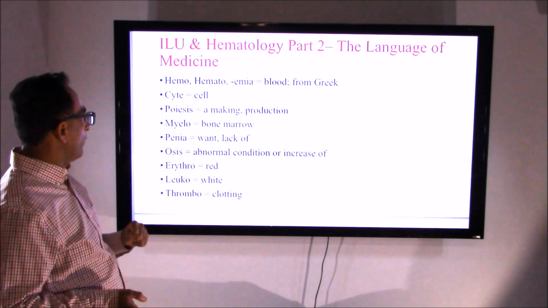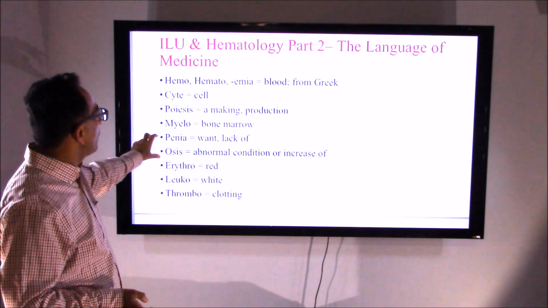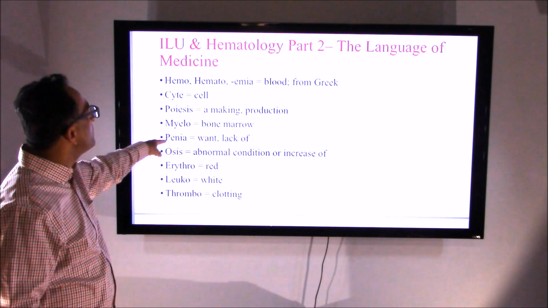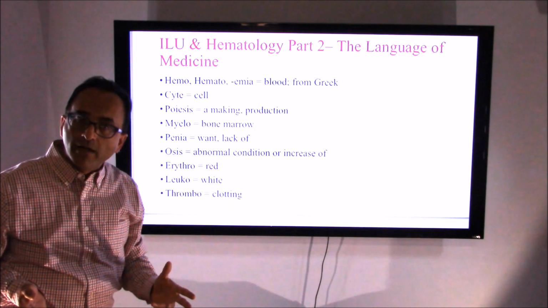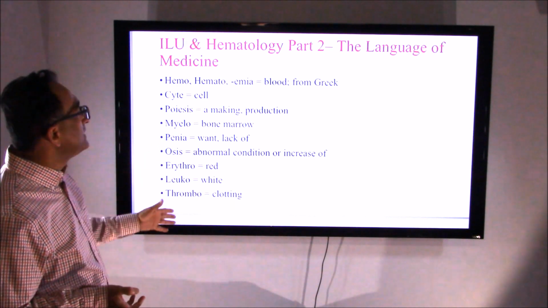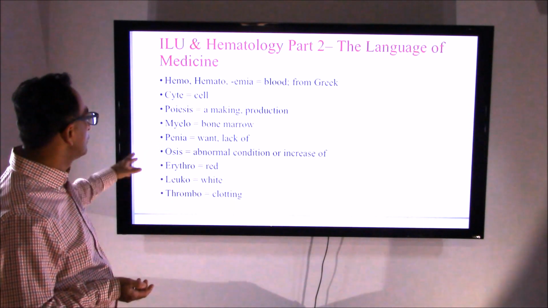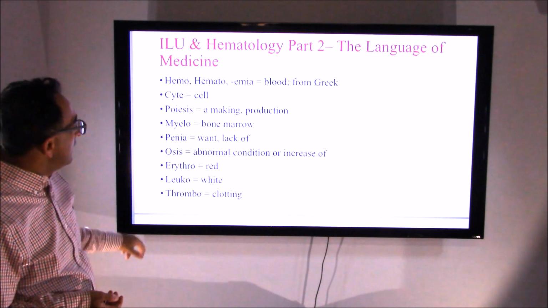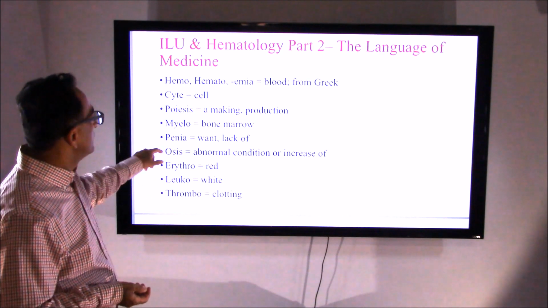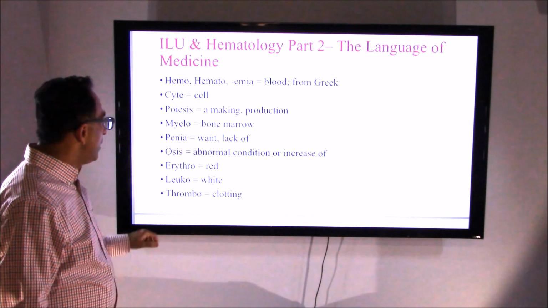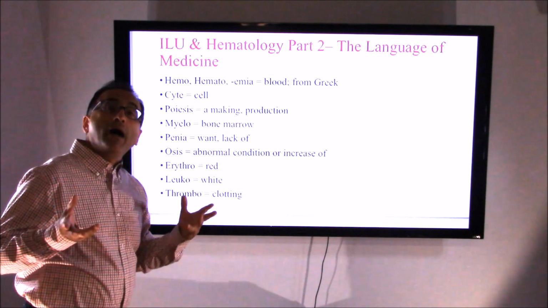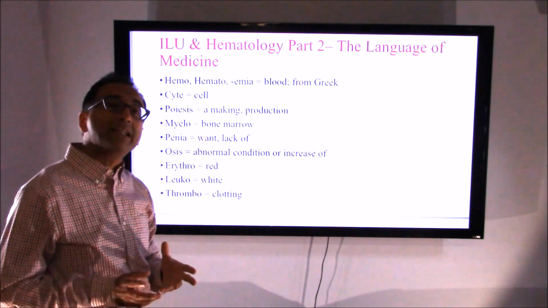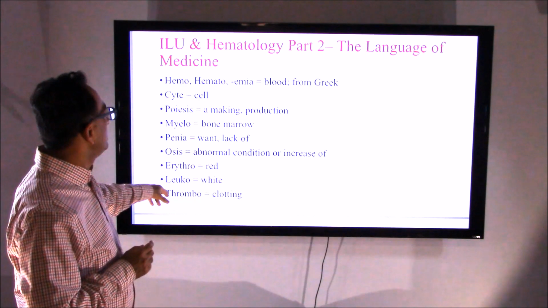Myelo is a bone marrow. Penia and osis are the opposites of each other. Penia would mean decreased and osis means increased. So you can have a thrombocytopenia, which means a decreased platelet, or you can have a thrombocytosis, which would mean increased platelets in the blood.